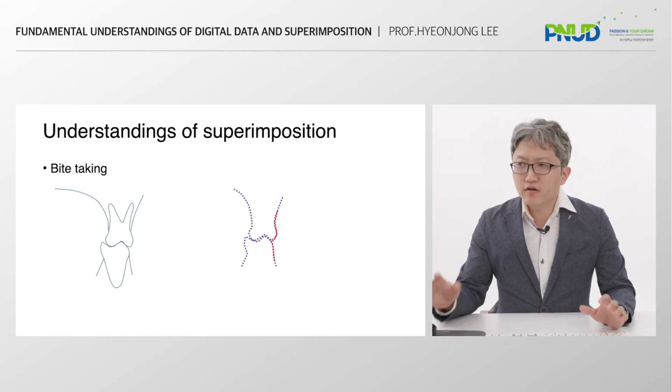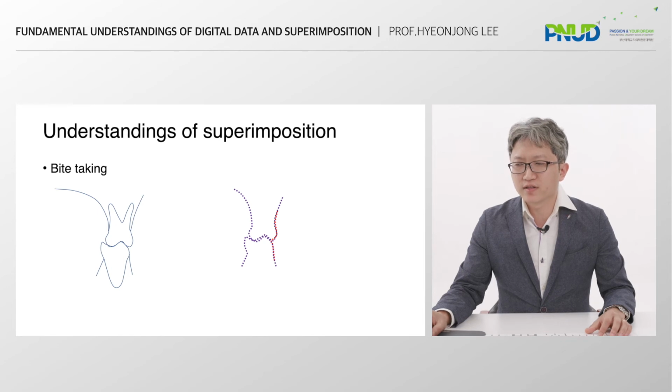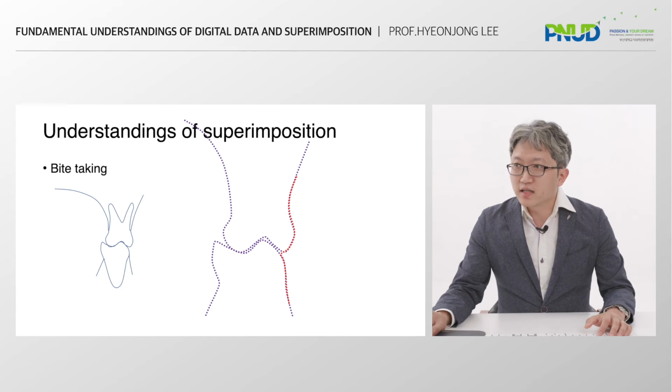Therefore, if there is some error or little hole located in the lingual surface, it doesn't matter in terms of superimposition, because superimposition is performed only using the buccal surface. The process is performed using the so-called best fit algorithm.